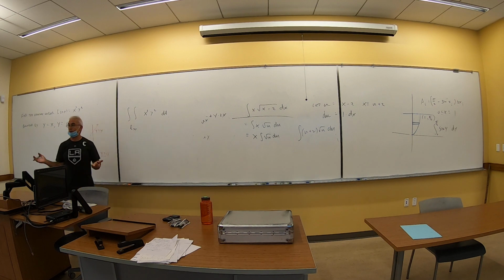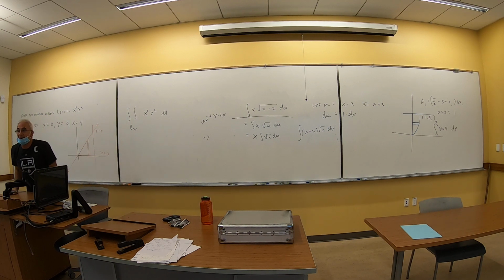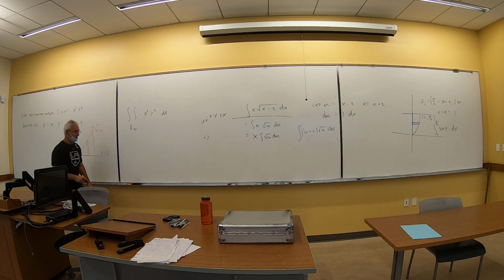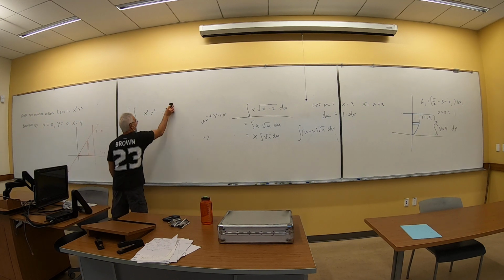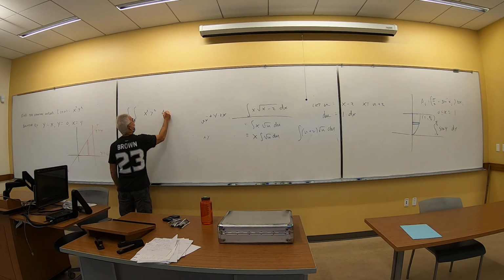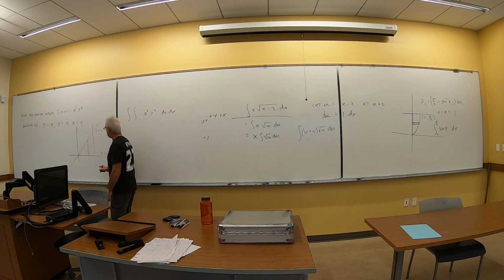This is the question I'm asking you. You are deciding the order. Now, our first time we said, you know what, let's go in this order here, because that seems like a pretty simple setup. Agreed? So now I'll put the things in. I'm going to go dy dx. So y is going to range from y equals 0 to y equals x. Y isn't constant here.